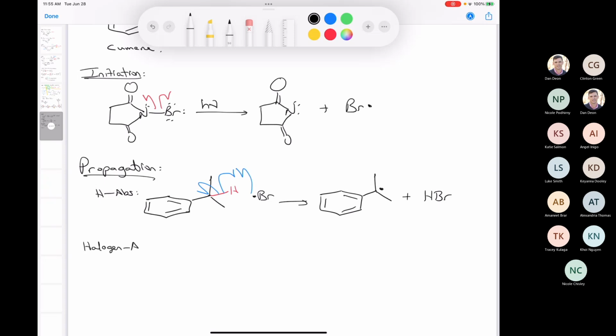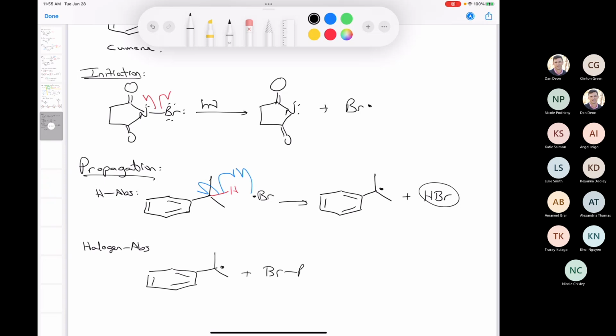Now remember that there was an ionic mechanism between HBr and NBS that produces some Br2. So there is a minimal amount of bromine in solution, but there is some, and thus the benzylic radical is going to react with that little bit of bromine.